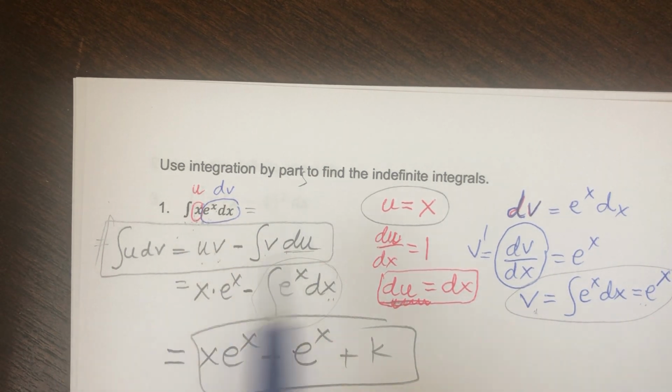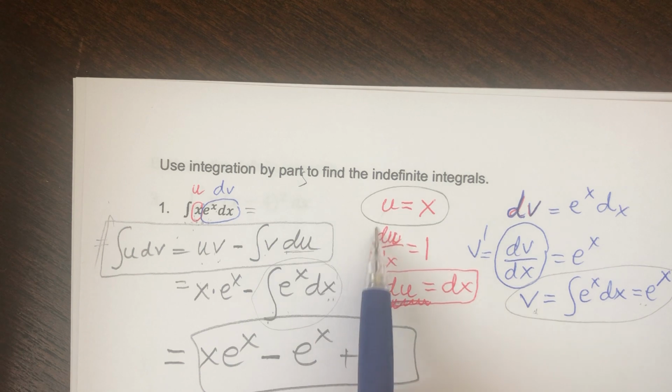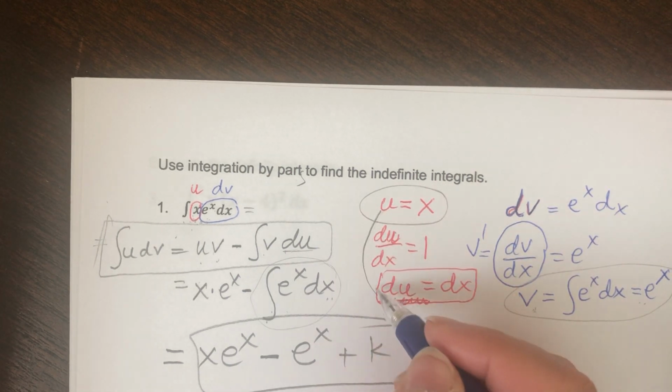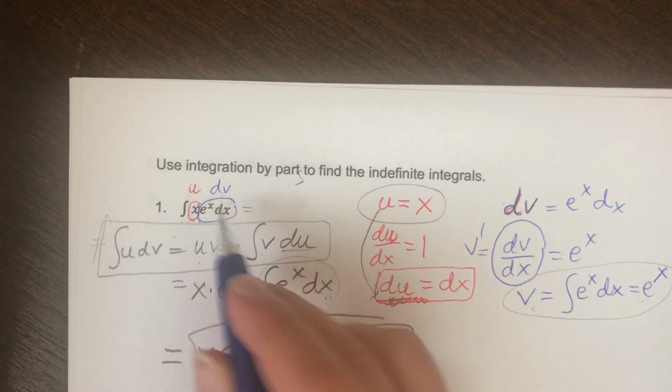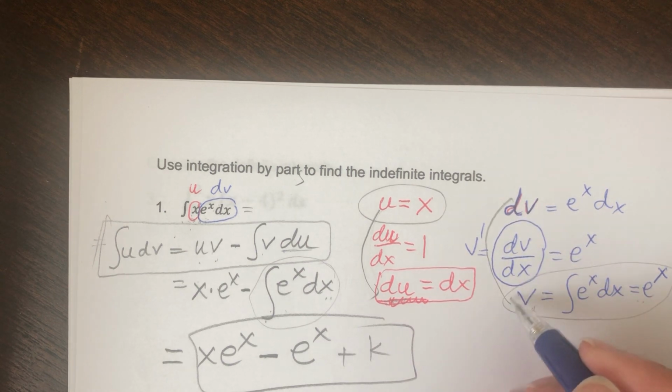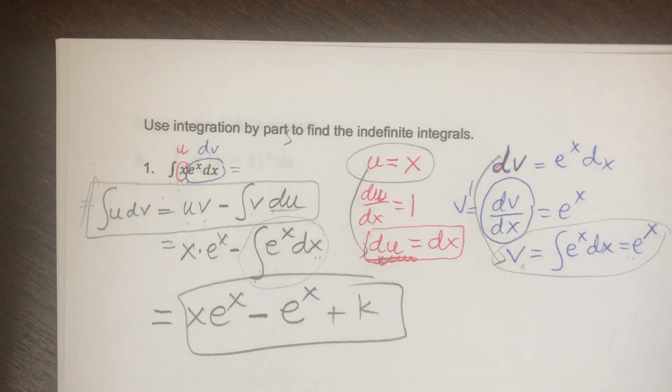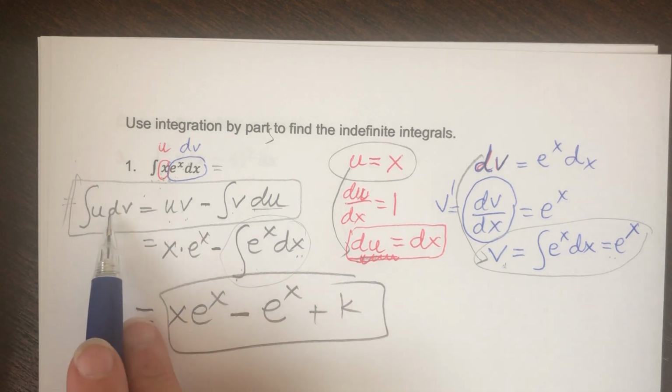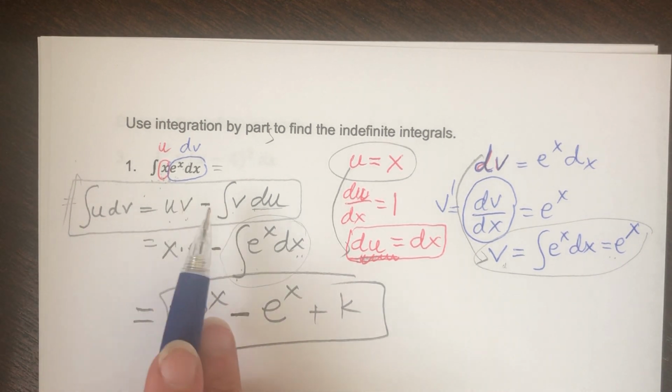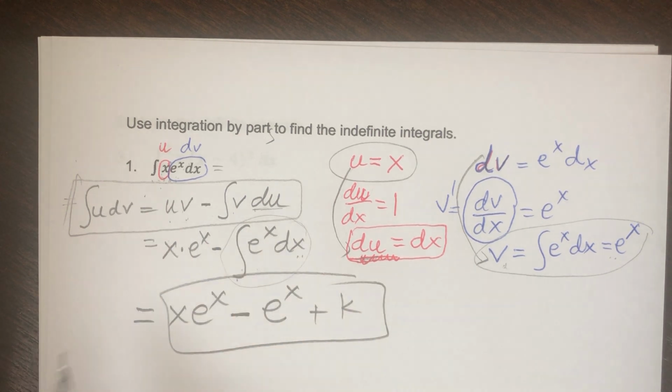So out of u, you create du, and out of dv, the derivative, you create your v back. Okay, so you have all the parts, u, v, du, dv. You have all the parts in this formula. That's all you need. Okay, and when you plug it back in, you have a second integral to evaluate.